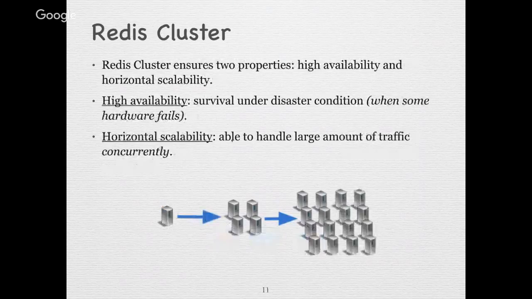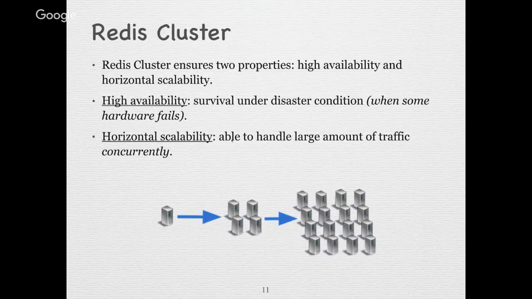Thanks to these two very useful features, we ensure two properties of the SSO system: high availability and horizontal scalability. They are also two important fundamental features of a distributed system. High availability means that your system can still survive under disaster conditions, let's say some of the hardware fails and you just cannot access it.